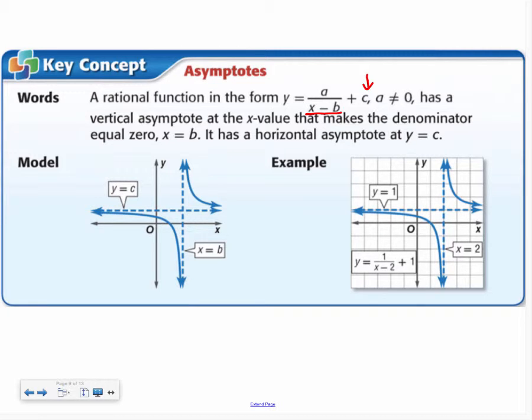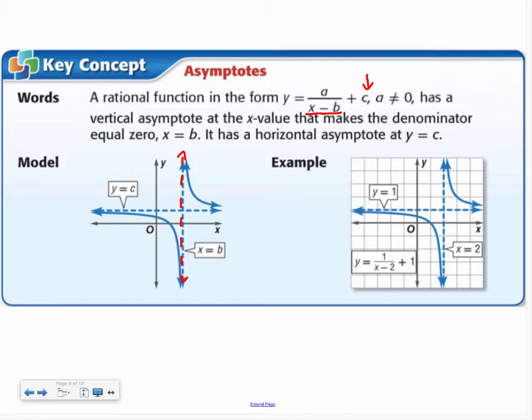So the x asymptotes are in the denominator, and those end up being vertical lines because if you have x equals a number, remember those end up being vertical lines. And the way that we represent them on graphs is we use dotted lines to show that our actual graph will never touch those points, okay?